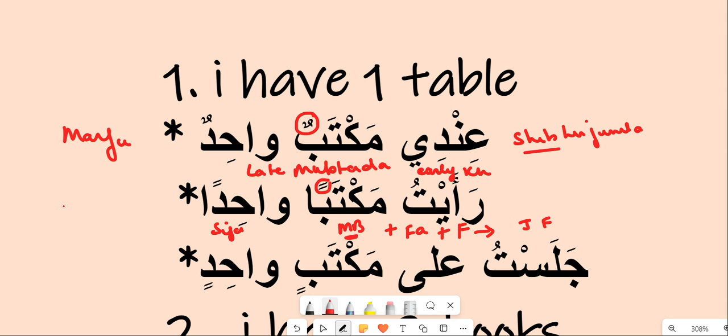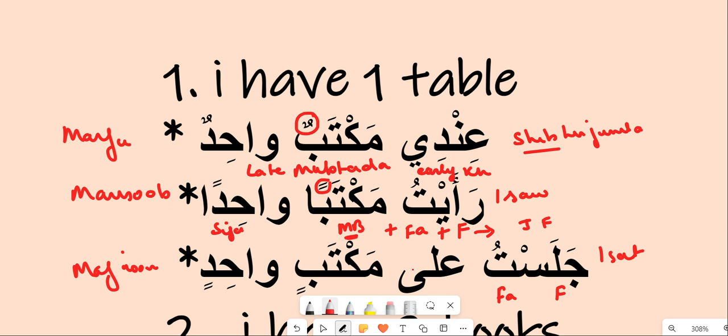Now this is mansoob. And now we will do the majroor case. Jalastu is fail and tu is fail. Okay, I sat. Jalastu means I sat. And this is ra'aytu, I saw. Jalastu ala maktabin wahidin, and don't go on the meaning of the sentence, but I just gave you to show you the Arabic.